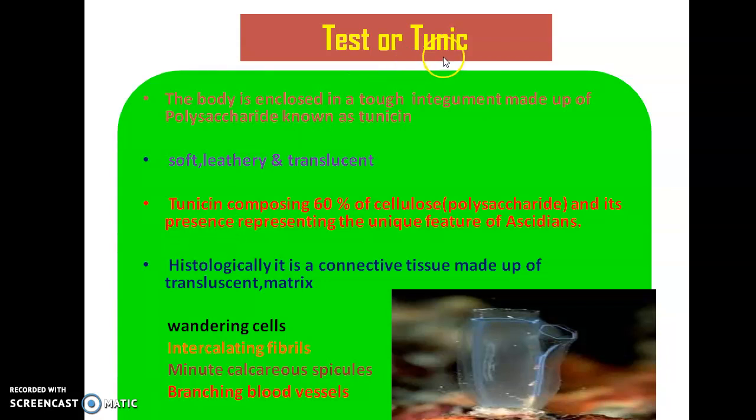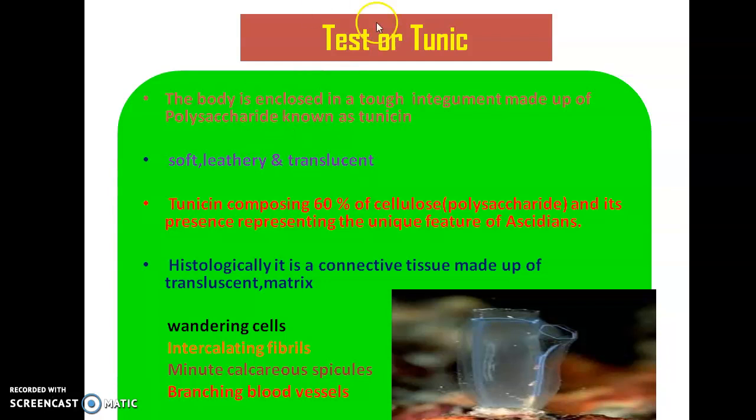Then come to the morphological features. Test or tunic. We have already discussed in the previous chapter the salient features of subphylum Urochordata, where we discussed what is meant by a test or tunic. The whole body of all Urochordates is covered by a tough integument or skin.